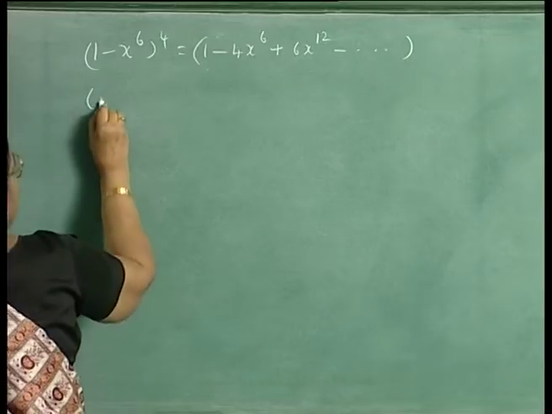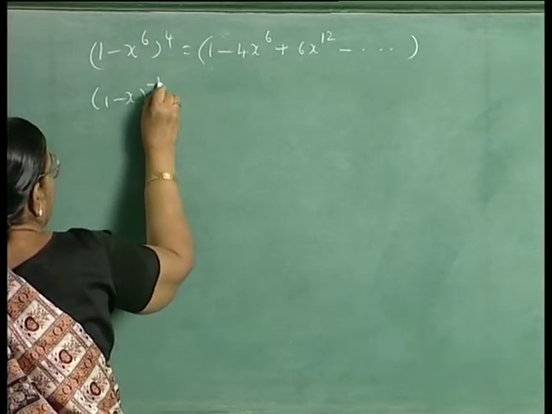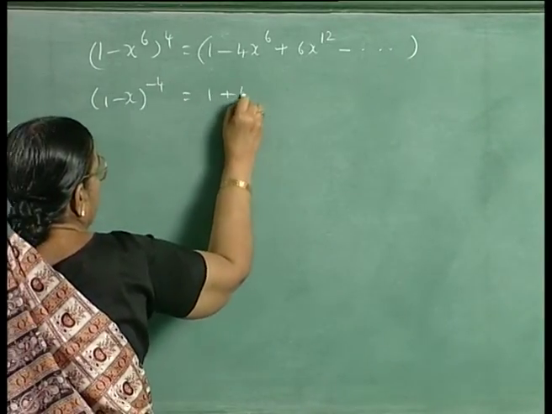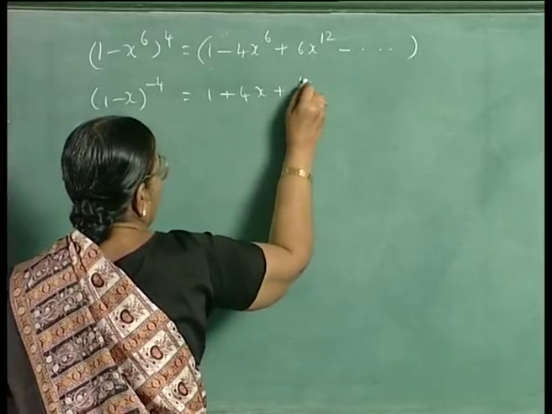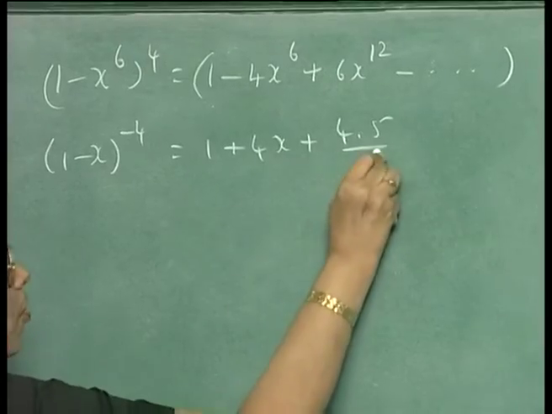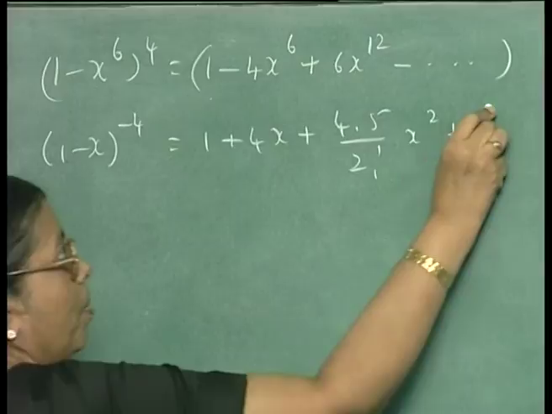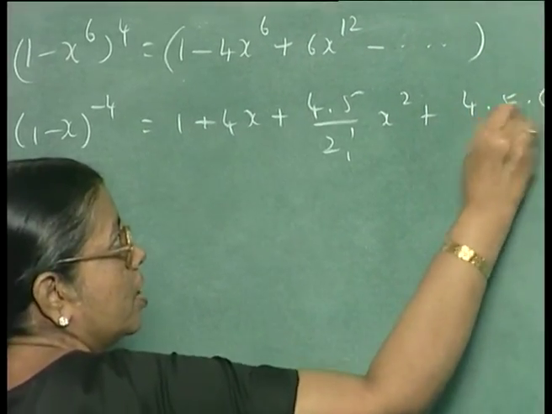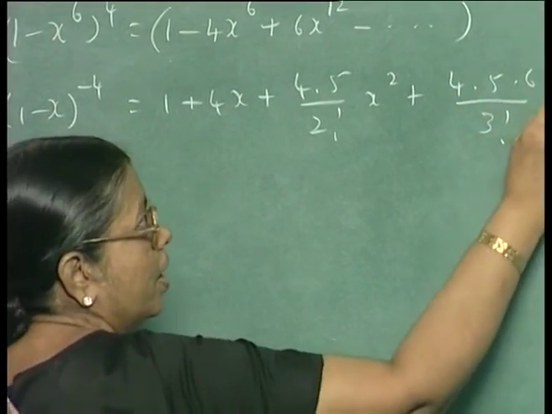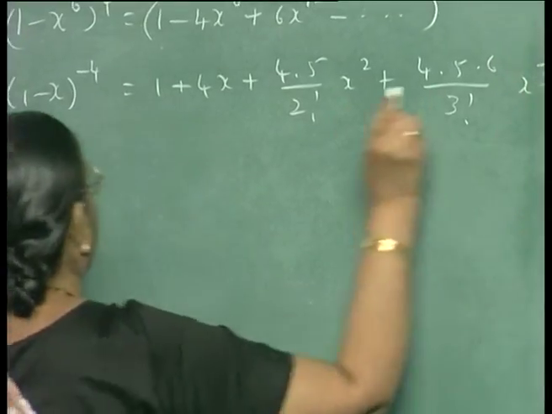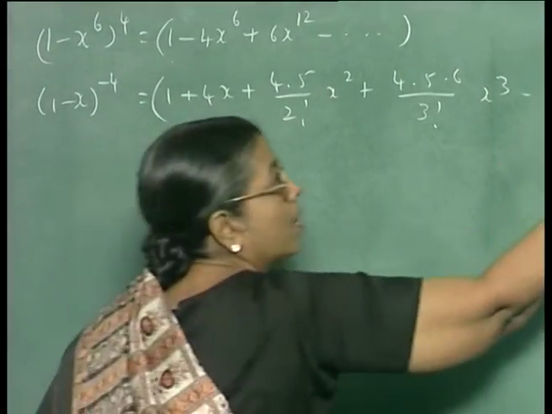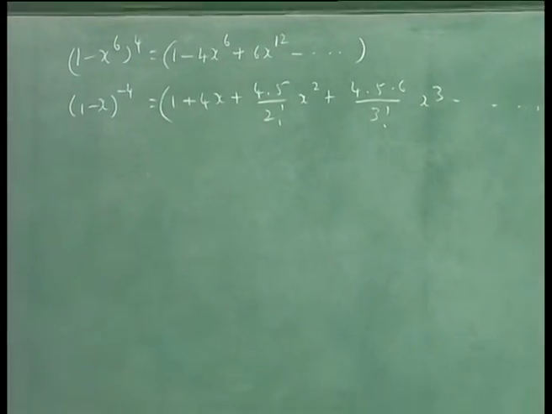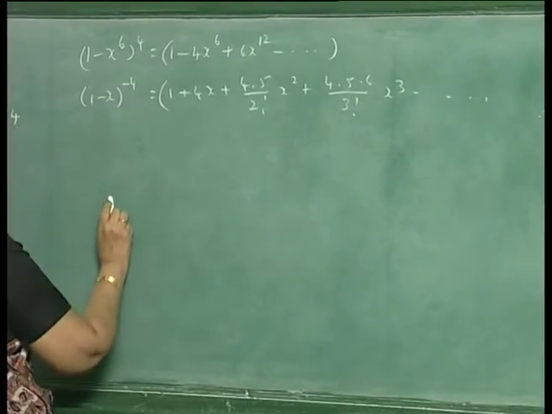And (1 minus x) power minus 4 is 1 plus 4x plus 4 into 5 by 2 factorial x squared plus 4 into 5 into 6 by 3 factorial x cubed etc. So, in the product we have to find the coefficient of x power 13.